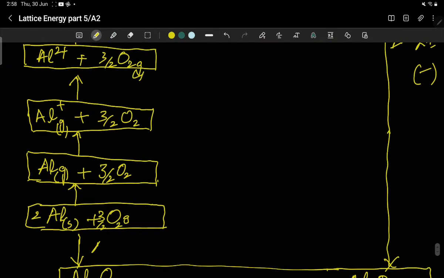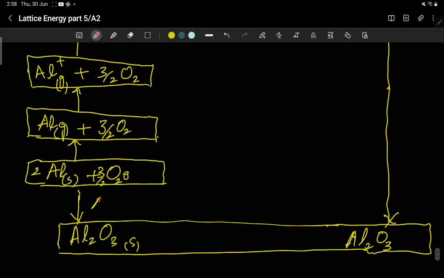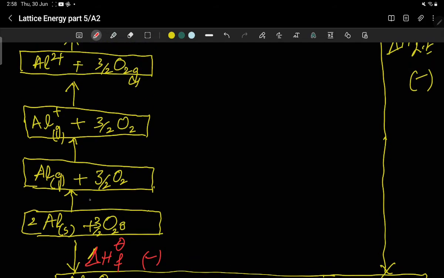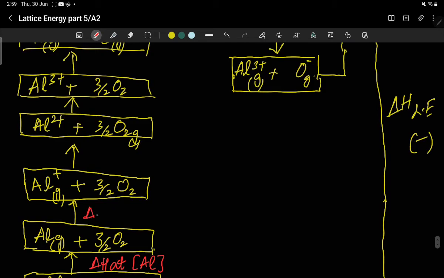Now let's write down with the other pen. This is delta H formation, which is negative. This is delta H atomization of aluminium. It involves delta H ionization energy 1, that aluminium gaseous atom changes into aluminium plus charge.